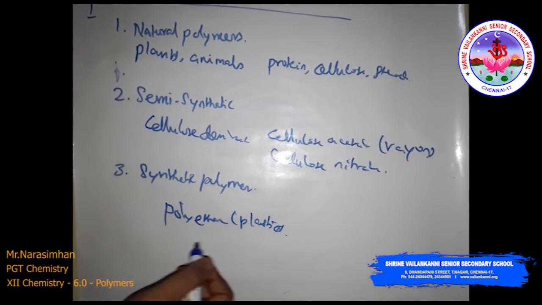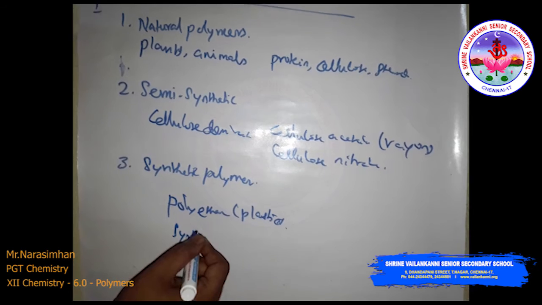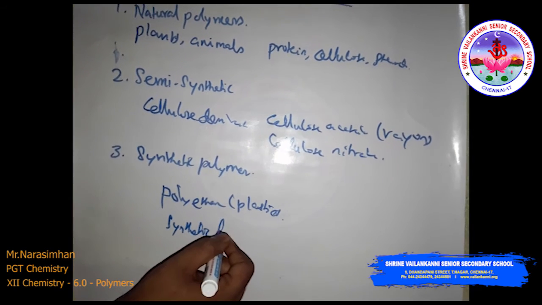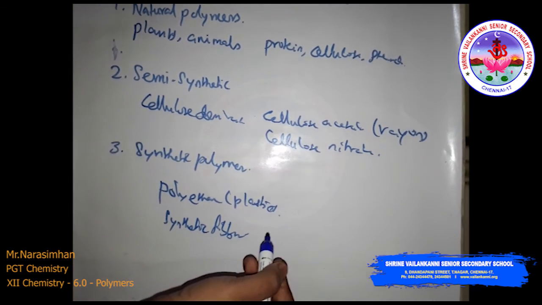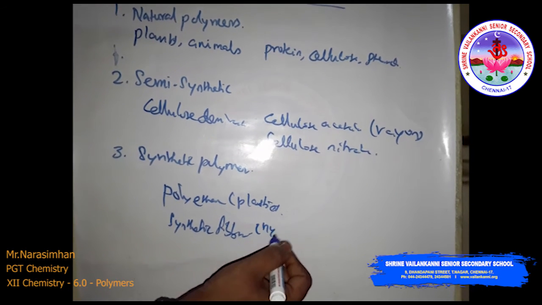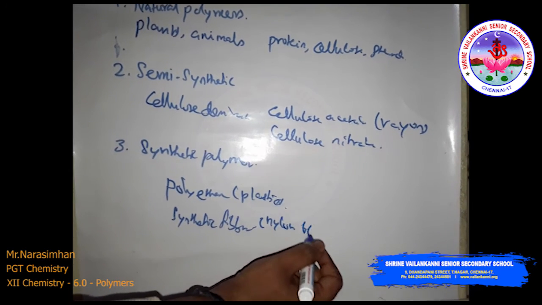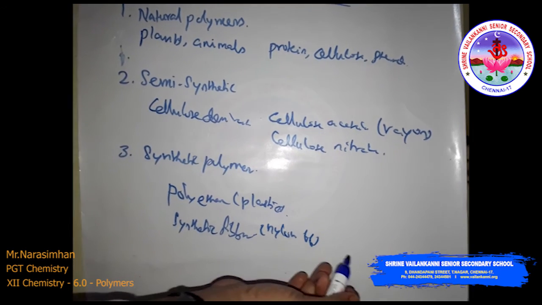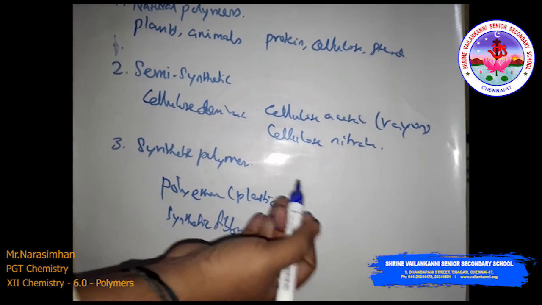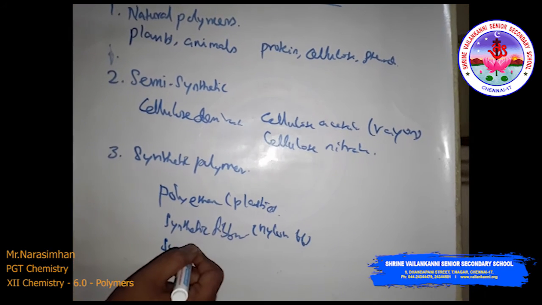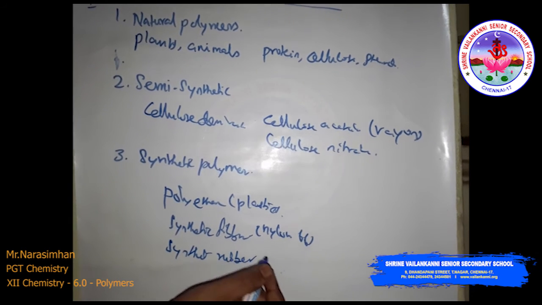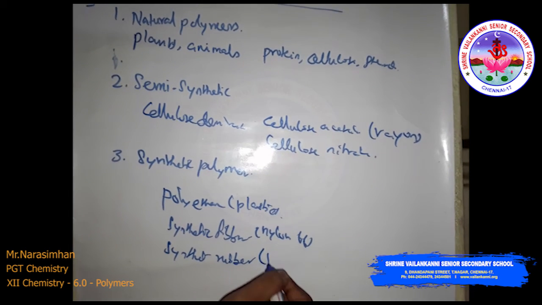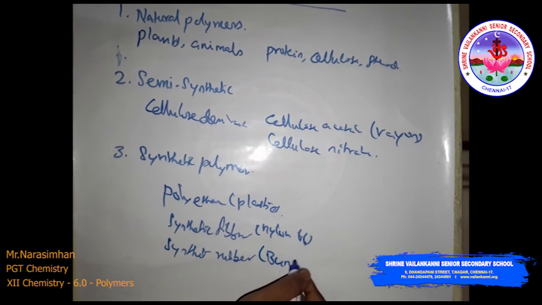Then synthetic fiber, such as nylon 6,6, which I discussed just before, and synthetic rubber, which is called Buna.